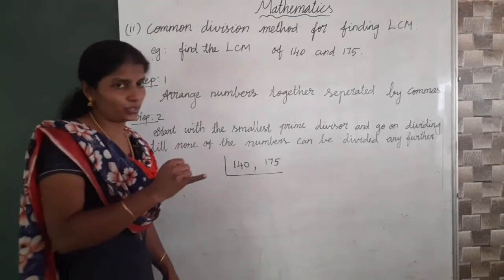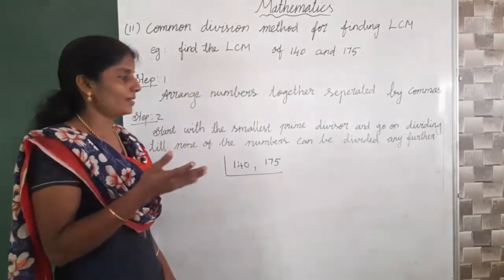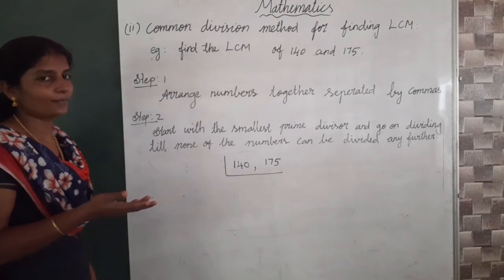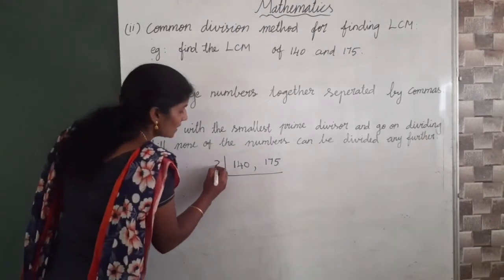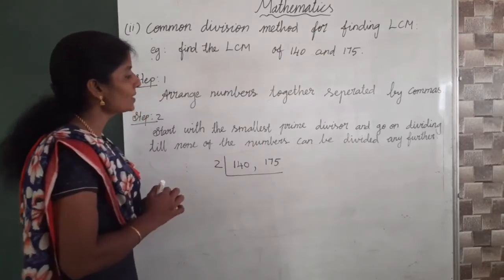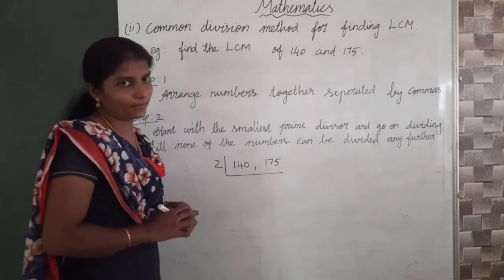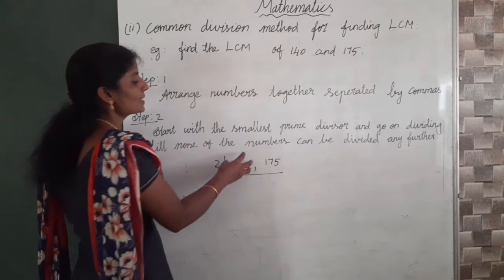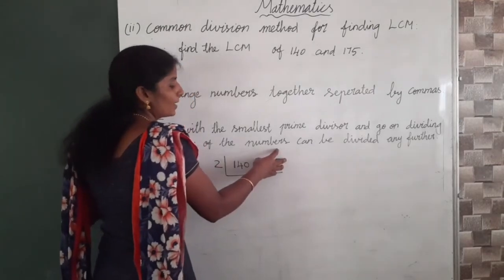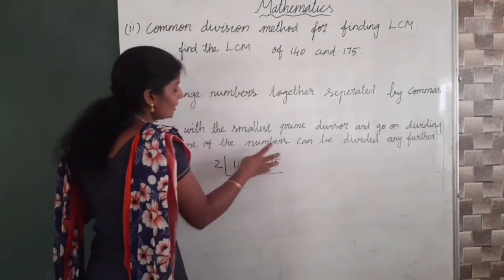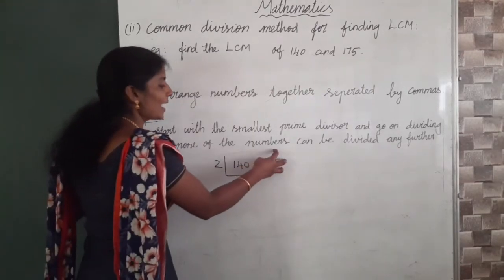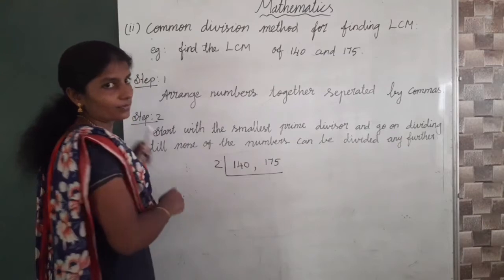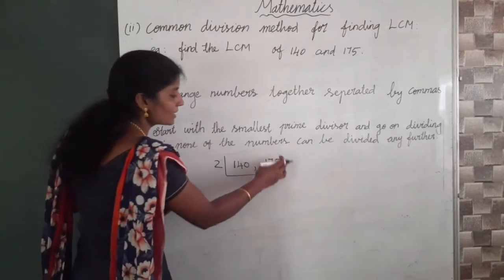First one 2, next 3, 5, 7, 11, etc. Now we can start here with 2, the smallest prime divisor. Here this is even, but this is an odd number. It is not divisible by 2, so we bring down the same number.